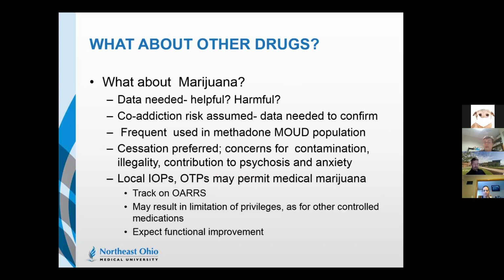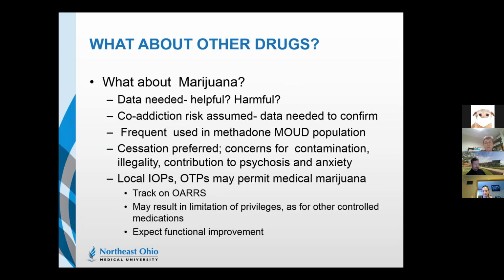Marijuana, again, data is not forthcoming. It's even harder to sort out what's going on, since some people have some sort of controlled use of medical marijuana. Although you can see, if you have patients, they really can pick that up anytime, and use as much as they want, in different types, different CBD to THC ratios. So I think it's really hard to know how harmful or helpful marijuana is going to be.